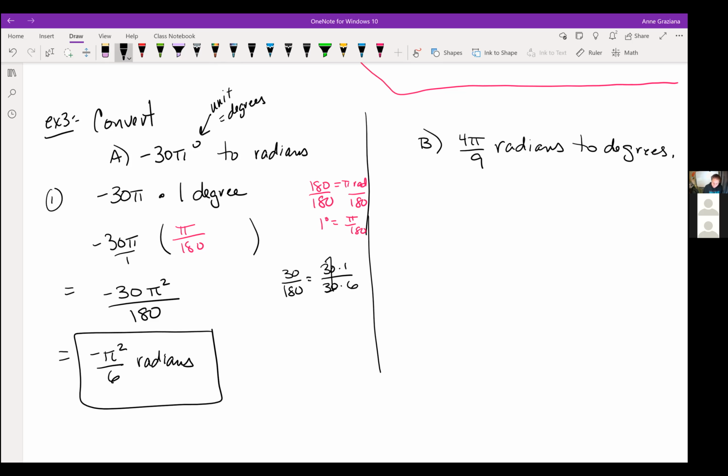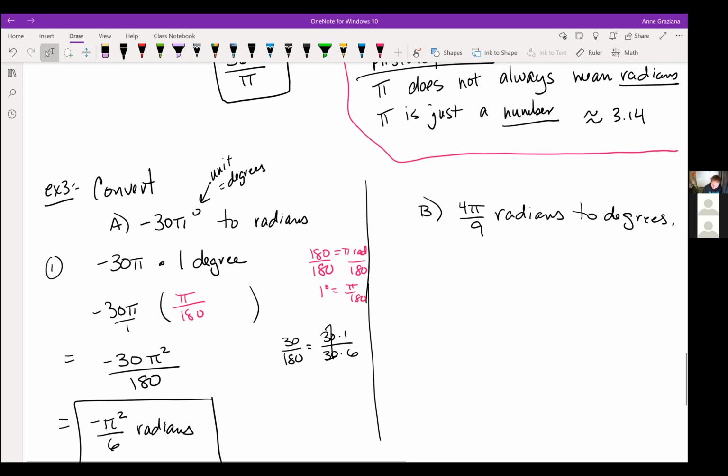Okay. Now the second one over here, I have 4 pi over 9, and that's times 1 radian. So 1 radian, let's see. So now I have 180 equals pi radians. To get 1 radian, I divide by pi. So 180 over pi equals 1 radian. So this is 4 pi over 9 times 180 over pi.